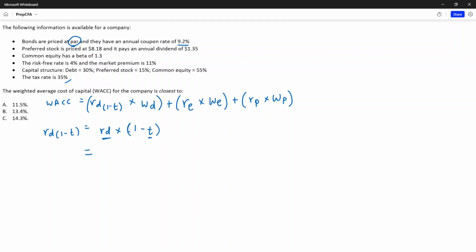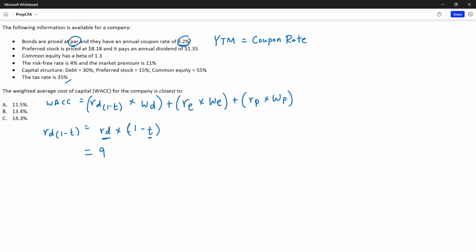In this case, we're not given the yield to maturity, but we're given the coupon rate, which we know is 9.2%. And we know that the bond is trading at par, which means that the yield to maturity must be equal to the coupon rate, because the bond is trading at par.